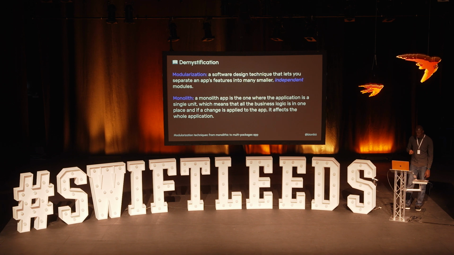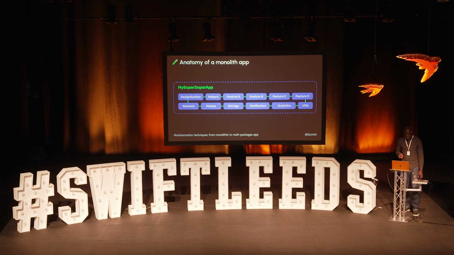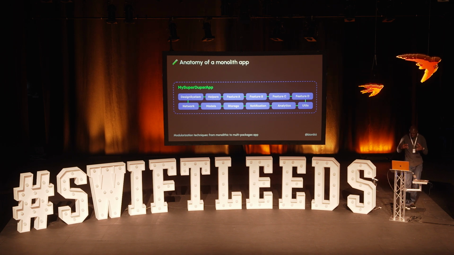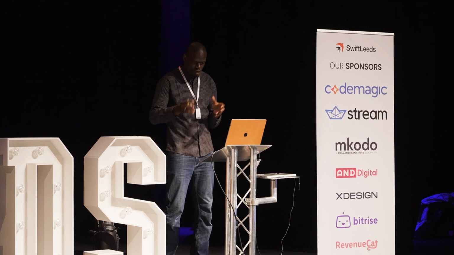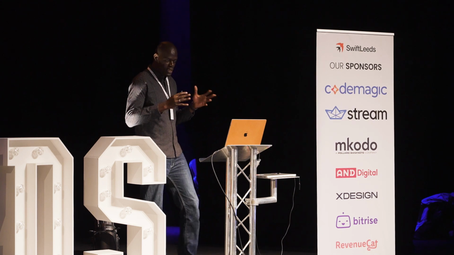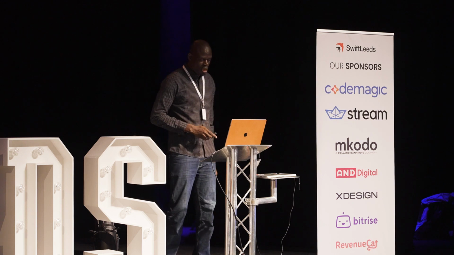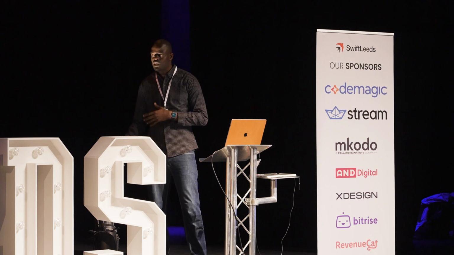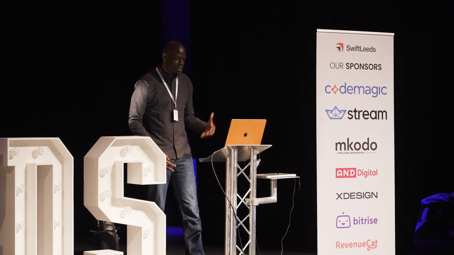So next we are going to see the anatomy of a monolith app. It looks like this, okay? Where you have everything kind of linked together. You can have a really nice folder structure and so on, but when it is a monolith app, everything is kind of related, okay? Feature A can talk to feature B, can talk to the network layer, the models, and so on.